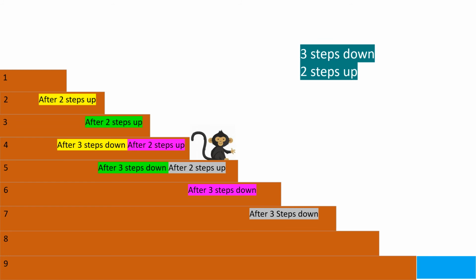Now let's see the 9th jump. 1, 2, 3. So after 3 jumps, he's at the 8th step, right? And he has to go 2 steps up. So let's see. Turns. 1, 2. So he jumped twice and reached the 6th step now, right?